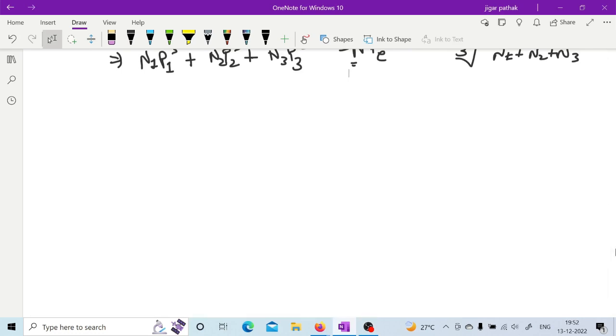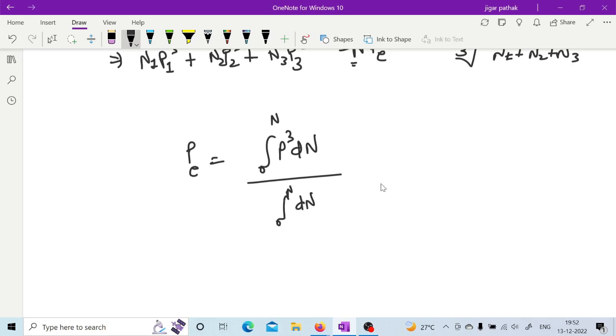Now this is used when we are not having any variation. Otherwise, if the load is varying with respect to time, then we need to integrate it, like the integral from 0 to n of P cubed dn, divided by the integral from 0 to n of dn, and then the whole thing is raised to 1/3.